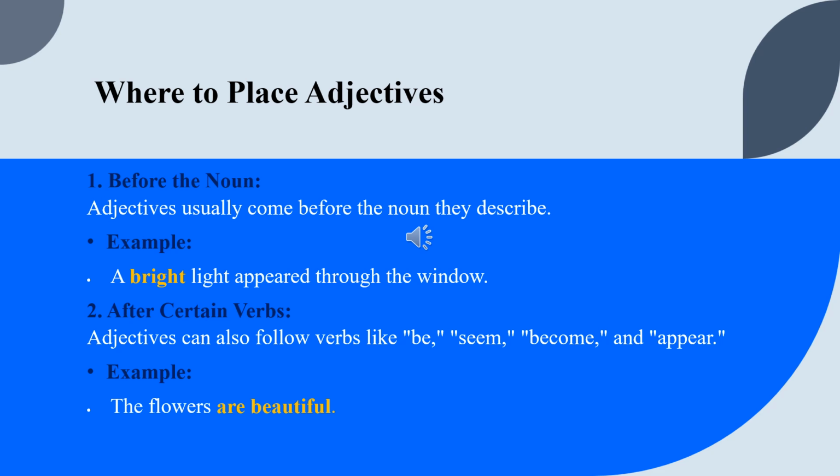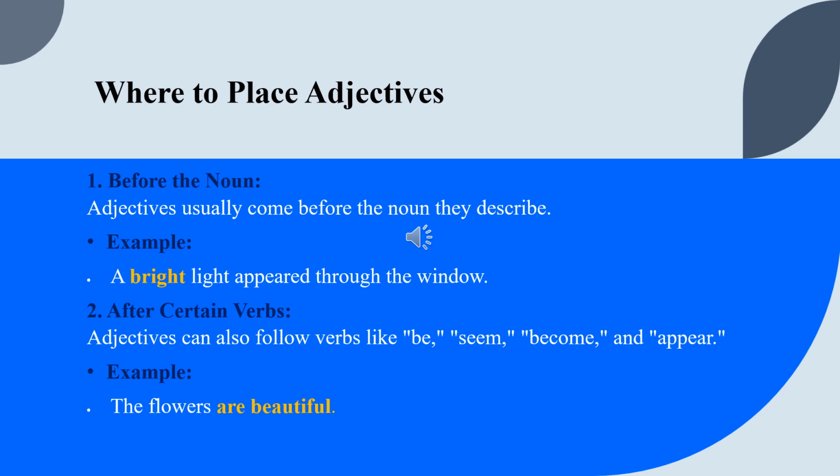Look at the example. A bright light appeared through the window. So the light is the noun and bright is the adjective. Adjectives come before the noun, so it becomes a bright light.